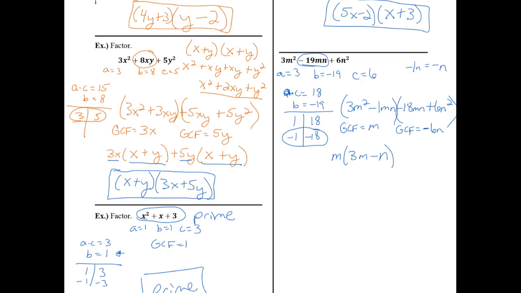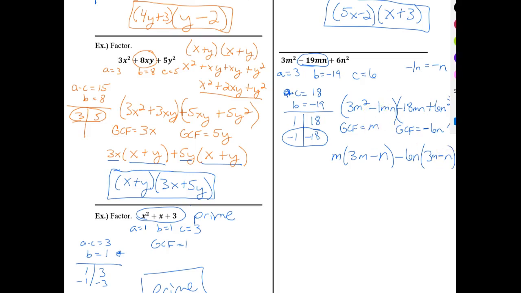In the second group, I took out a negative 6n, and I would be left with a positive 3, right? Negative 18, negative 6 makes a positive 3. And then the mn divided by n would be m. And the last term, positive 6n squared divided by negative 6n would be a negative n.